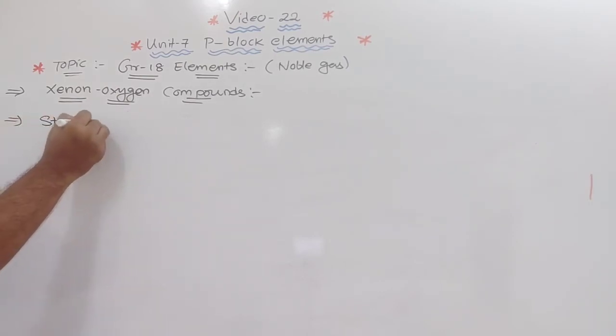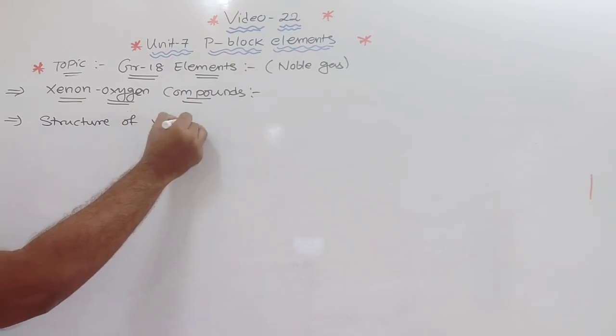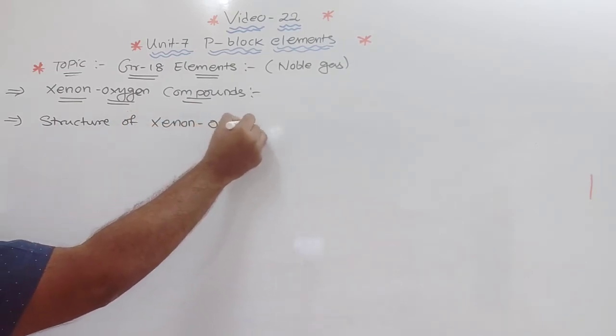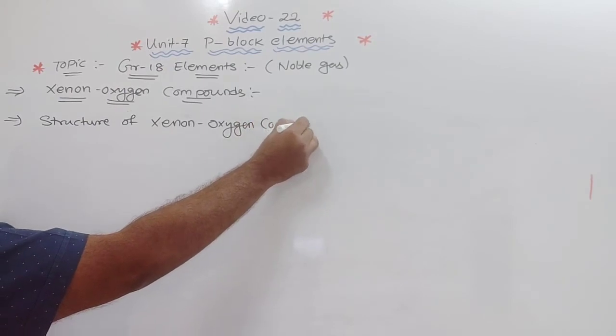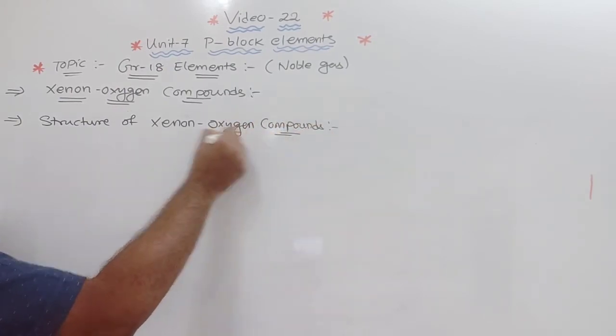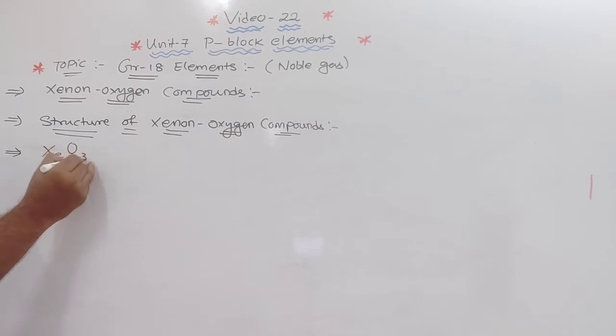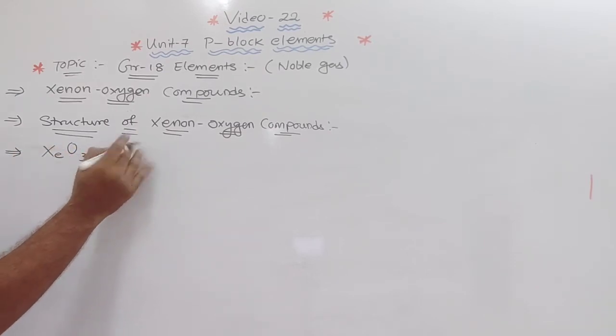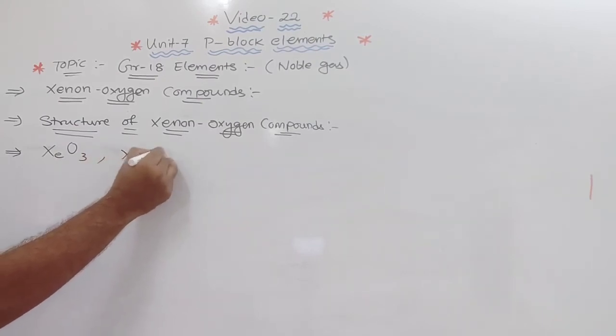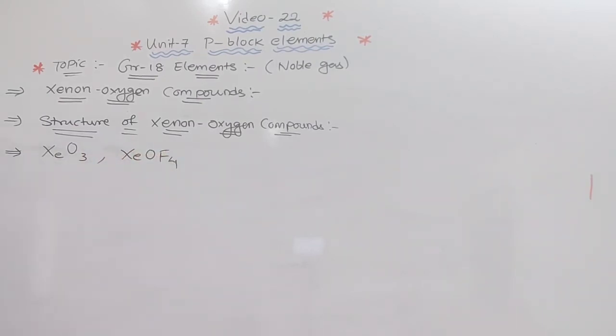Now structure of xenon-oxygen compounds. They have a pyramidal structure, that is XeO3 and XeOF4.